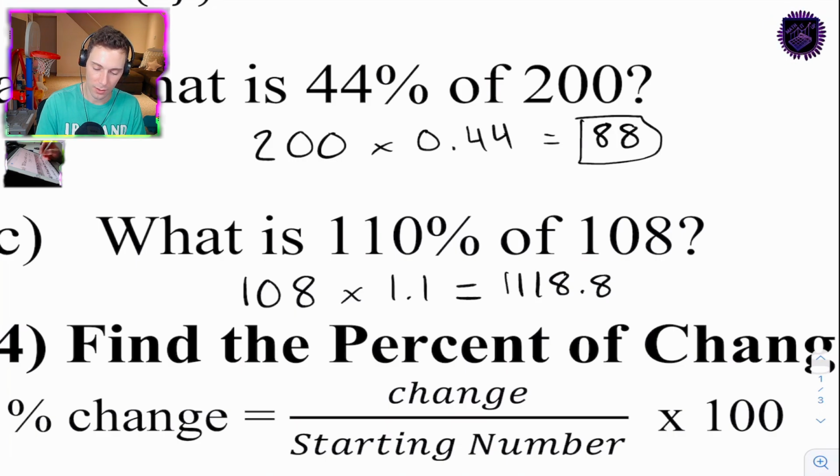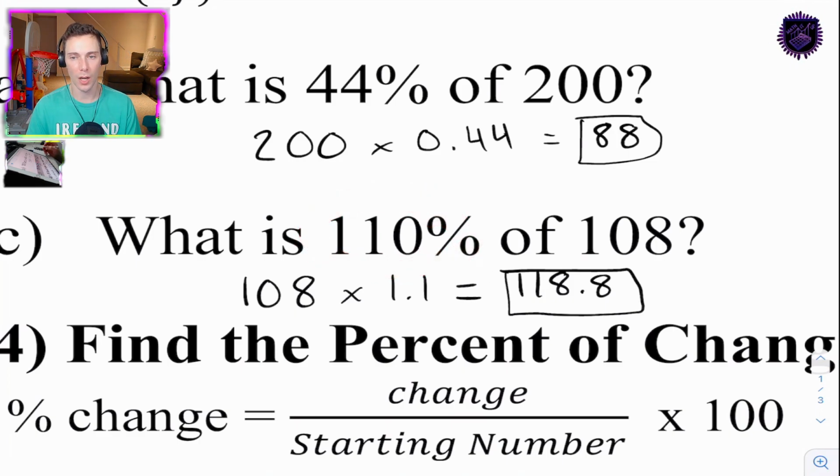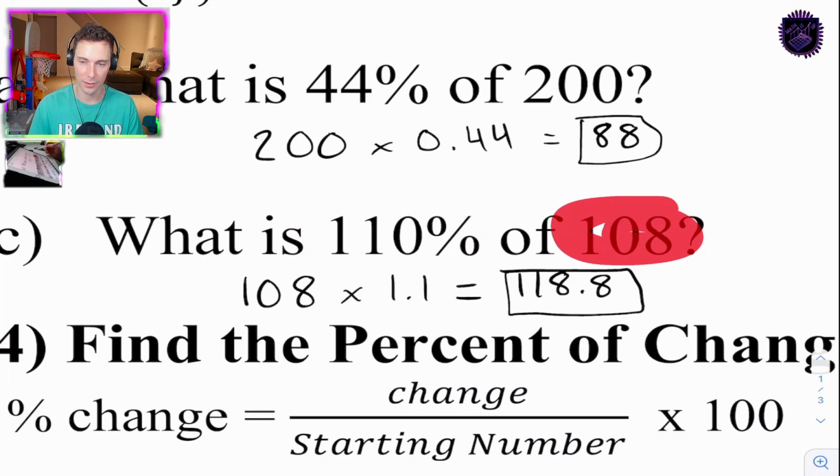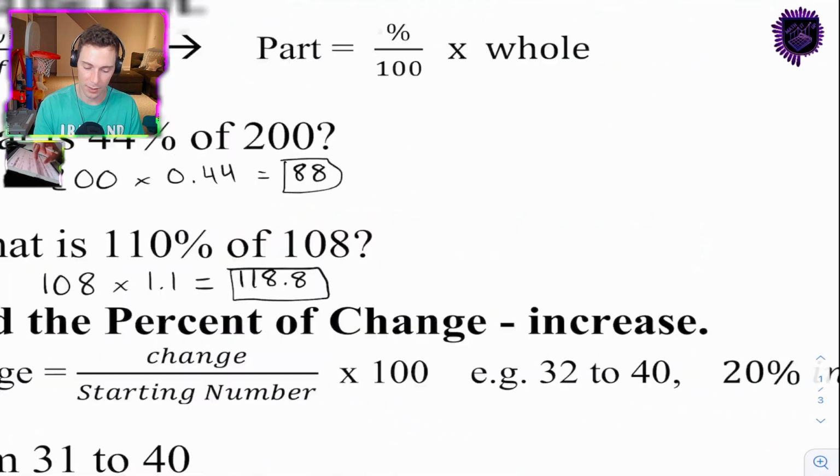Because we're using a number that is larger than 100%, we're going to go up. The part is going to be greater than the whole, because we have 100%, and we want more, so this is 110%.